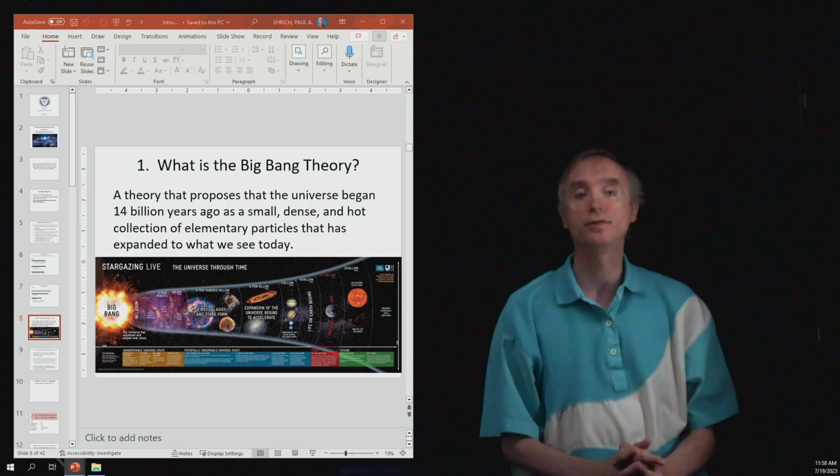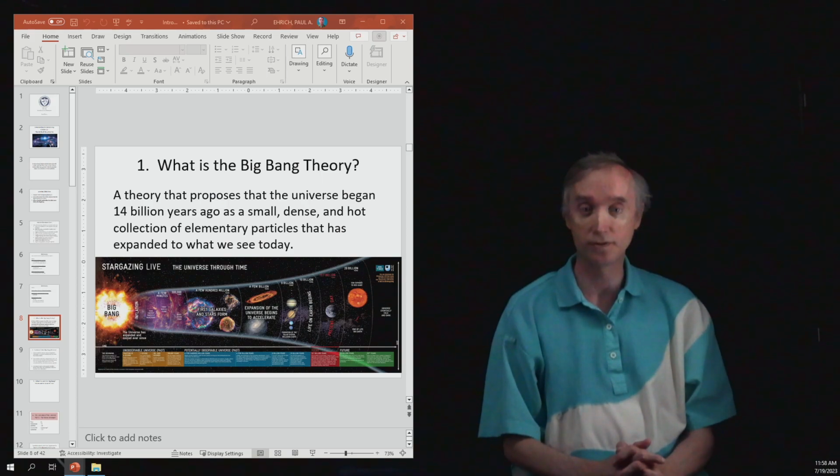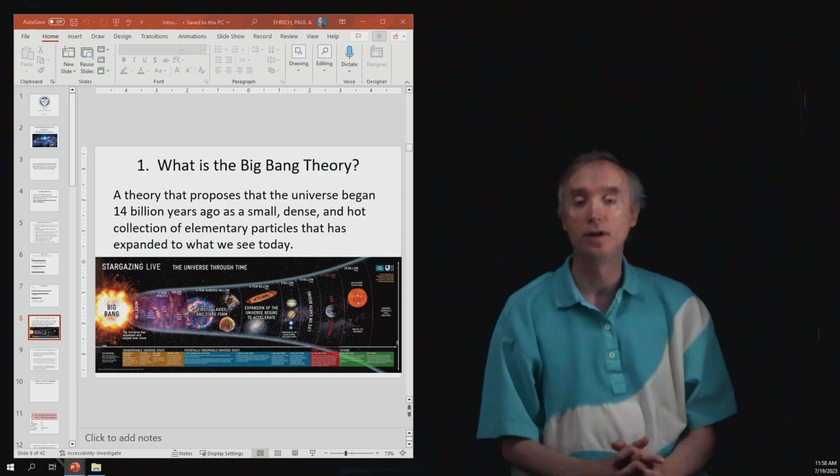Otherwise, go to the internet, type in Big Bang chart, and then go to images, and you're going to find dozens of these types of charts. Just find one that makes sense to you, and then you can follow along on it as we go through all of these different parts of the Big Bang.